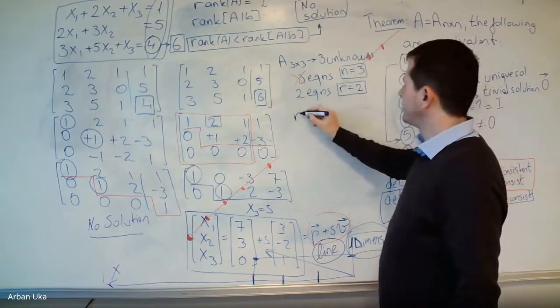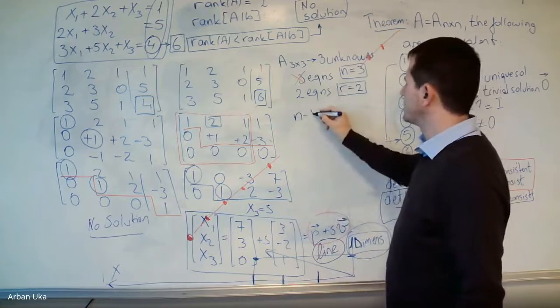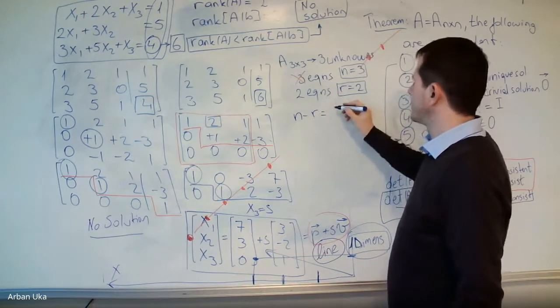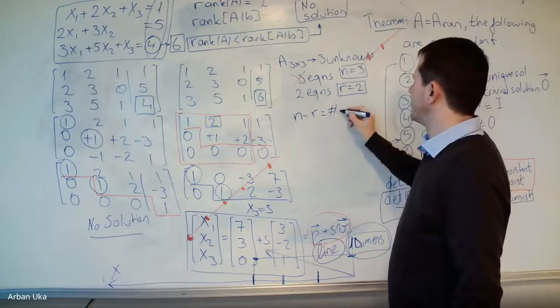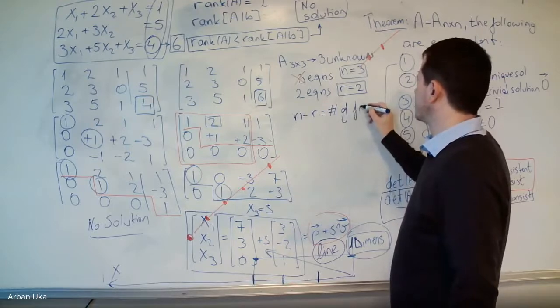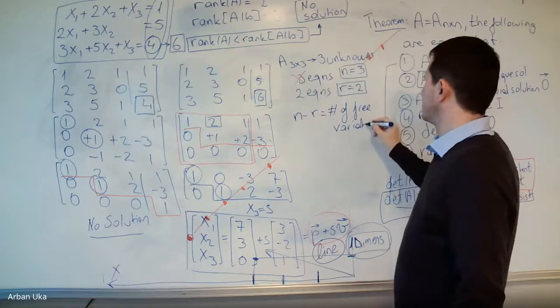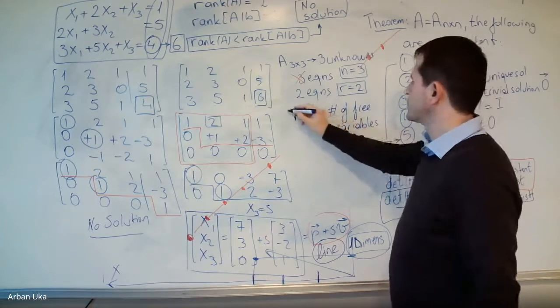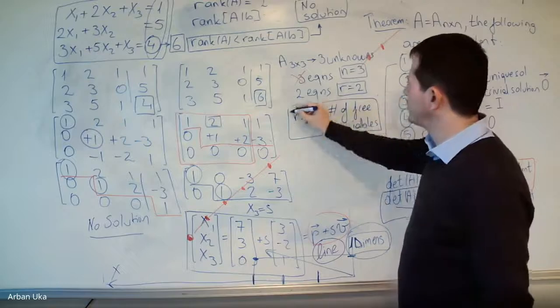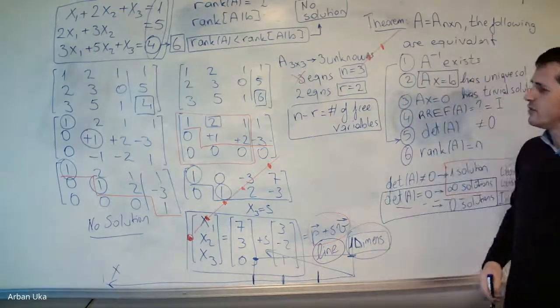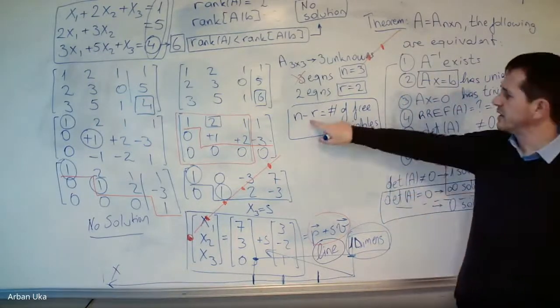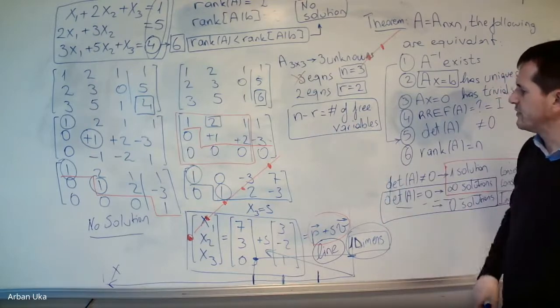Now, the number of unknowns minus the rank gives us a number, which is the number of free variables. So you can take this as a note that we learned: the number of unknowns minus the rank would be the number of free variables.